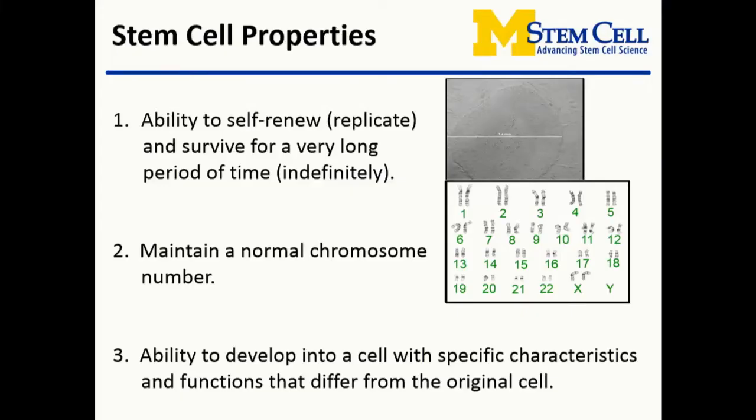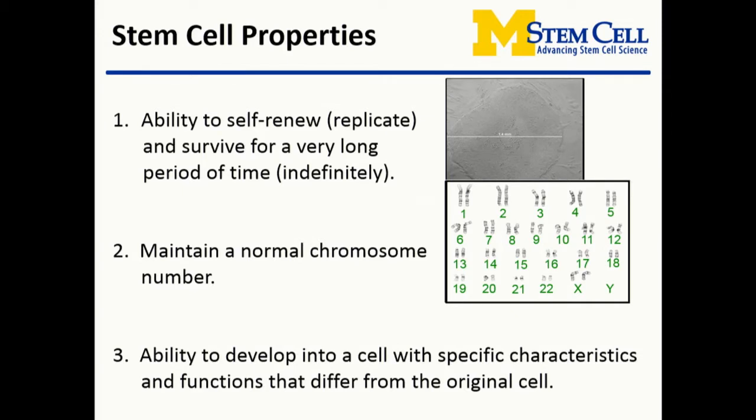So, very basic properties. What makes a stem cell a stem cell? This list can go on, and as our science progresses, we find that there's more descriptions. But very basically, a stem cell is a cell that has the ability to self-renew or replicate and survive for a very, very long period of time. Sometimes this might be indefinitely, like some issues that I'll talk about with human embryonic stem cells.